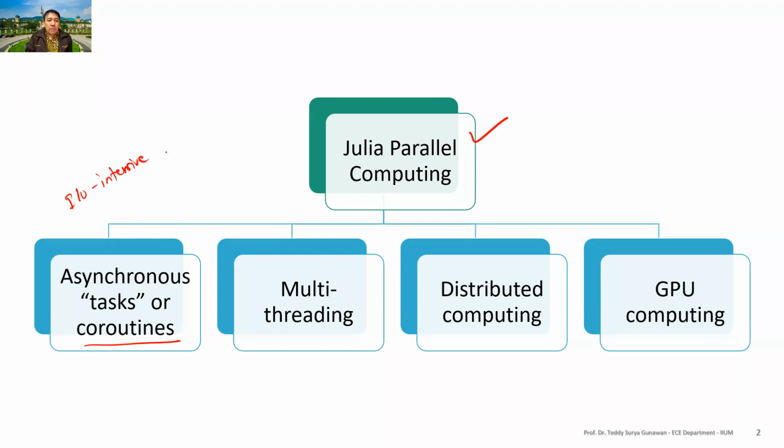So we have asynchronous I/O. This is not pure multi-threading, but you get the feeling that you are doing parallel computing here. For example, you have task A and task B. If you remember the OS, it's similar to that.